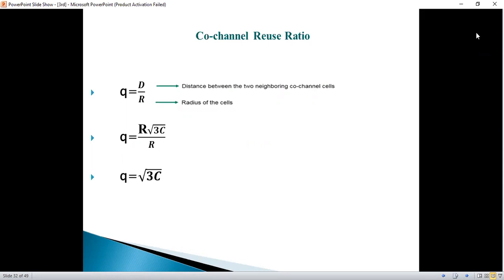Now we have come up to co-channel reuse ratio. Now what is co-channel reuse ratio? The formula of co-channel reuse ratio is Q equals D upon R. Now what is D? D is the distance between the two neighboring co-channel cells.